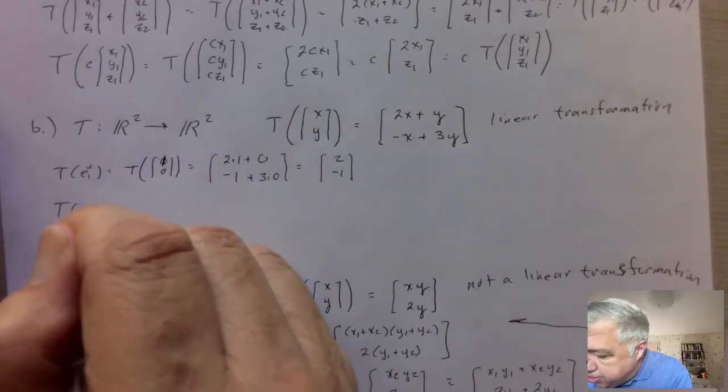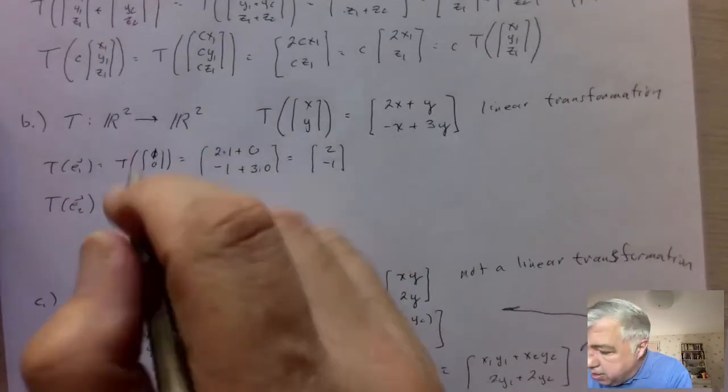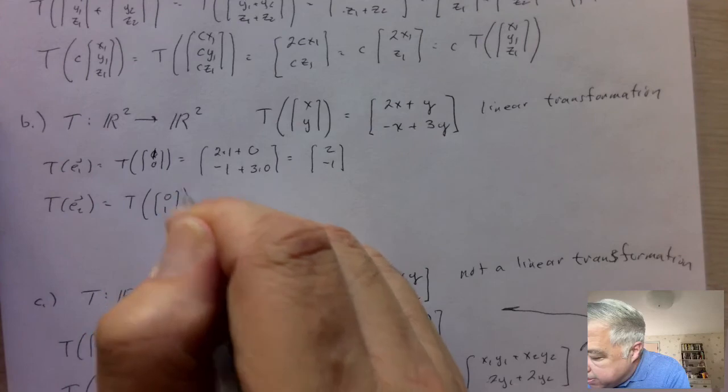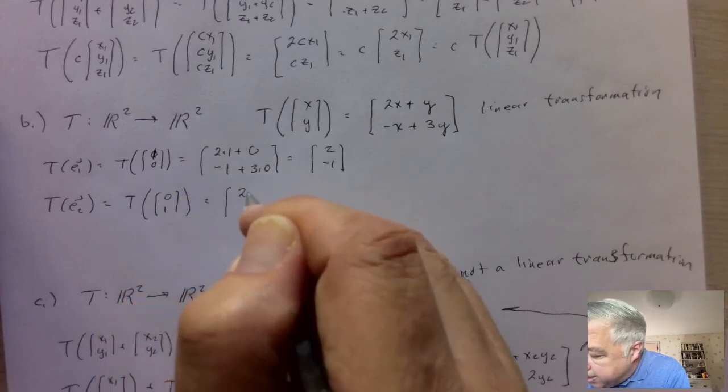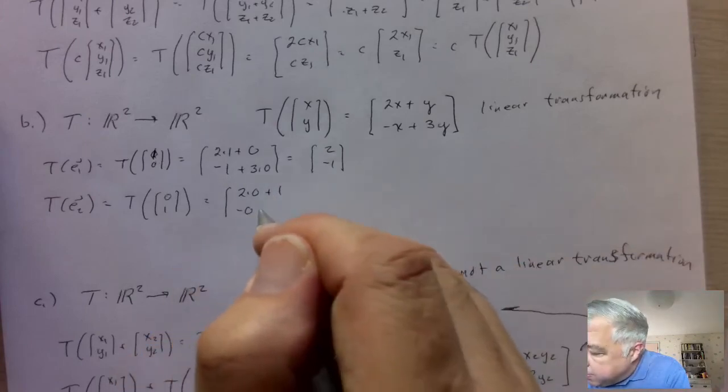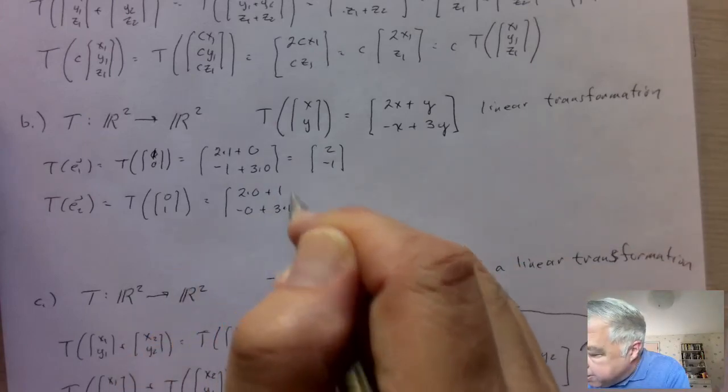T of e2 would be T of (0, 1), which is 2 times 0 plus 1, and negative 0 plus 3 times 1.